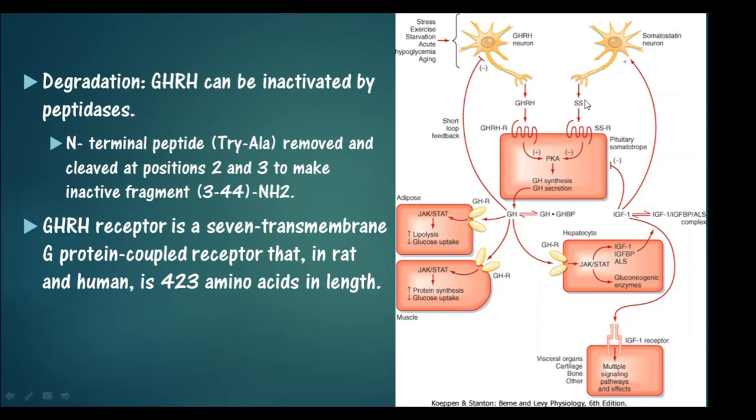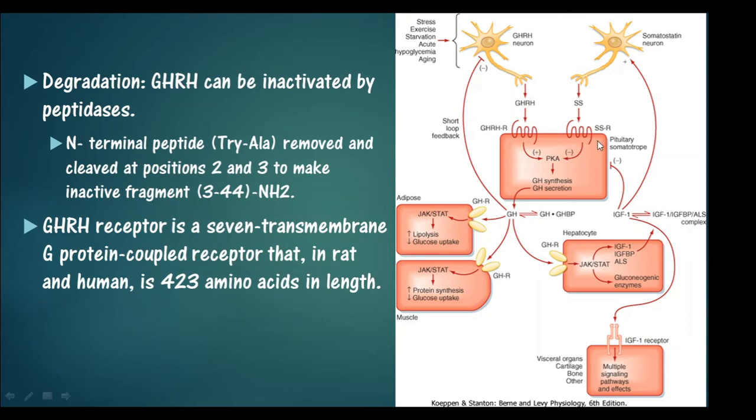Right? This is for somatostatin. We are just coming into that. So the somatostatin neuron releases somatostatin, which binds to its receptor and inhibits the PKA pathway. As a result, the GH is not secreted.